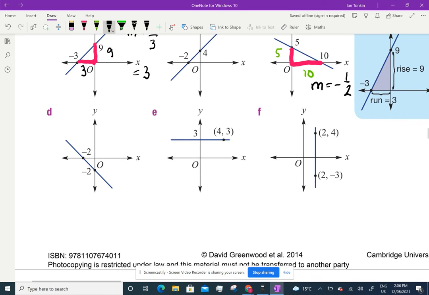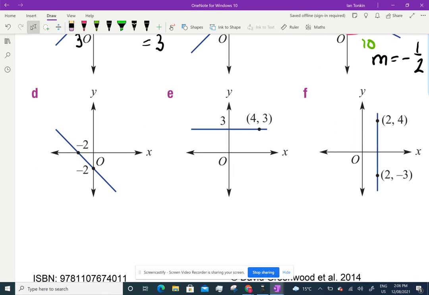And this is why I tell you to ignore the negative numbers, because if you put both negative numbers in here, you'll get a positive answer, and you should be able to see quite clearly that this is going down. Now, I tend to use the axis to draw my triangle. You don't have to draw it there. You could draw it here if you wanted to, but it's just easier to use the axis.